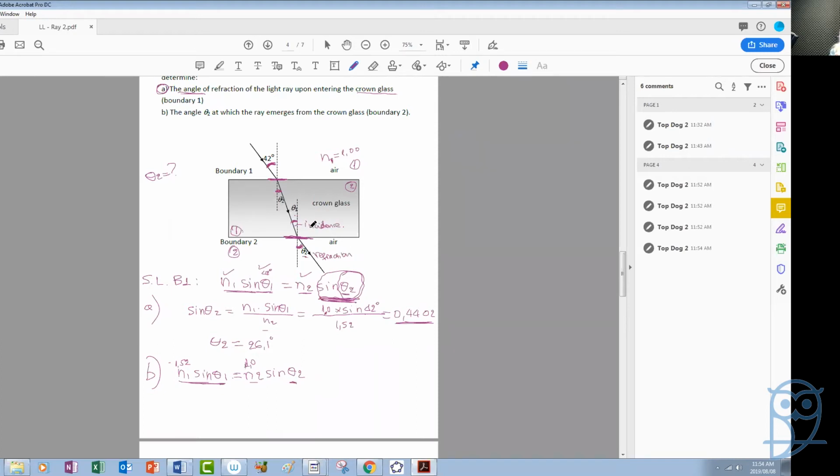Now, this angle of incidence is actually equal to this angle here, the angle of refraction from the first boundary. Why? Because you see, this is the normal to the first boundary, and this is the normal to the second boundary. And the normal lines are perpendicular to the boundaries, isn't it?